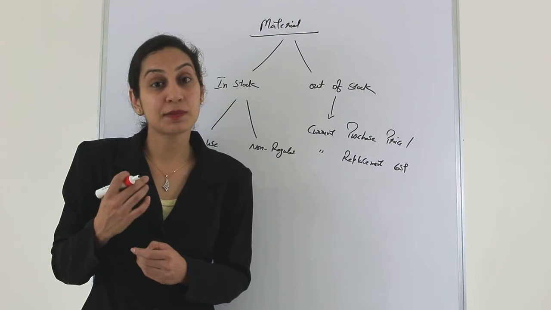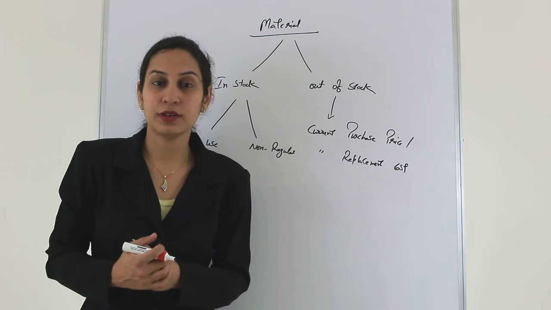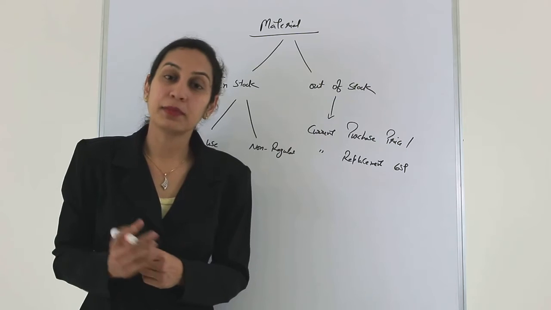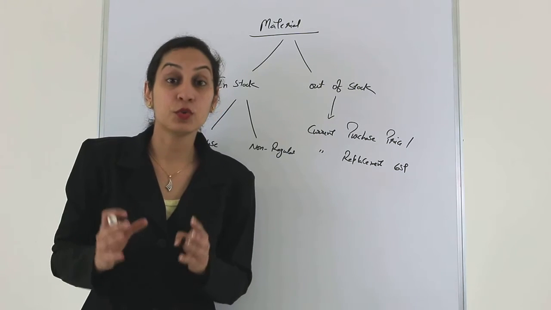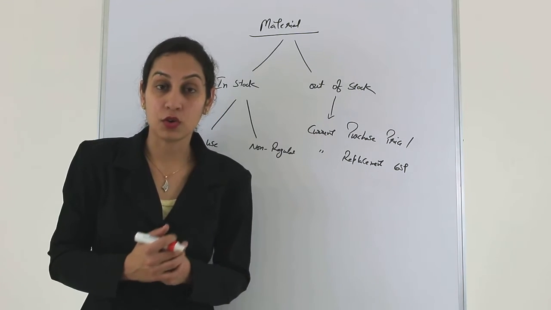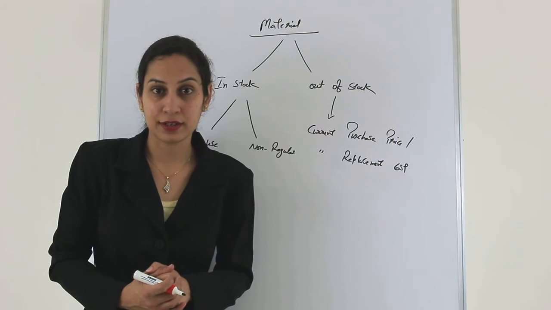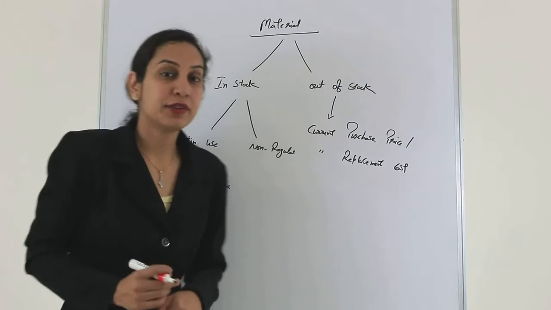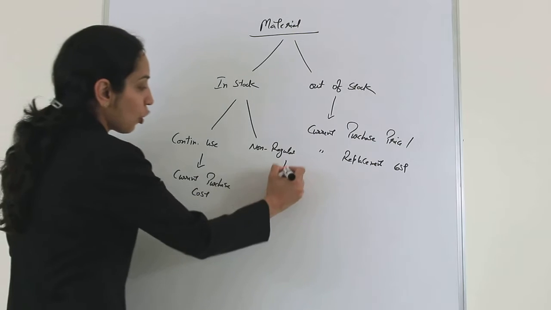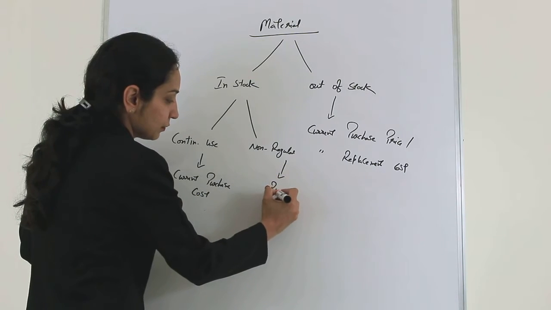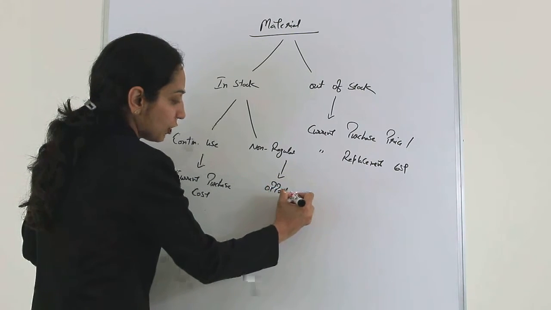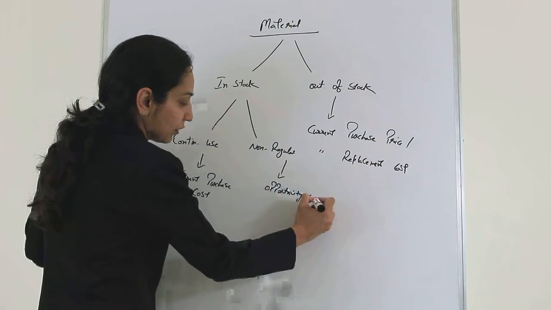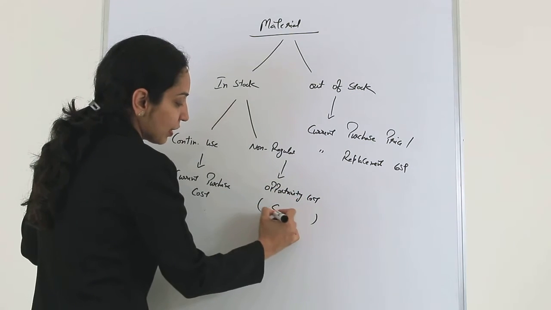You would have sold this good because nobody is using it. But now instead of selling it, you are using it for the current production or the new decision you have taken. That's where the relevant cost here becomes opportunity cost. And opportunity cost in this scenario is scrap value.